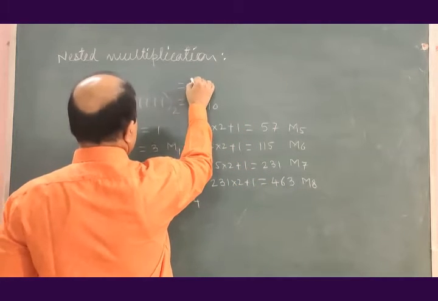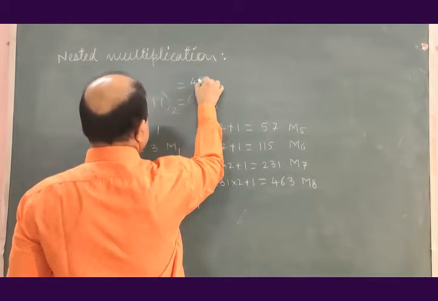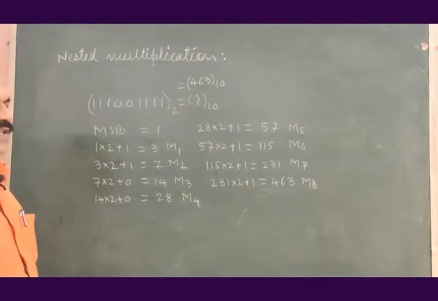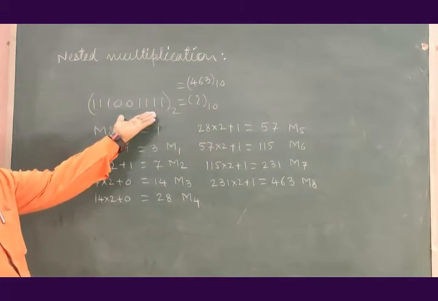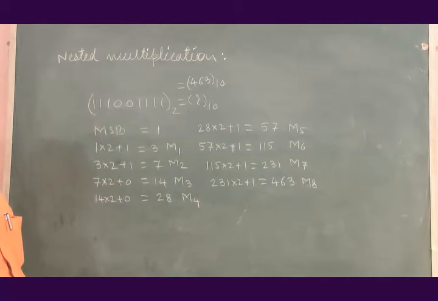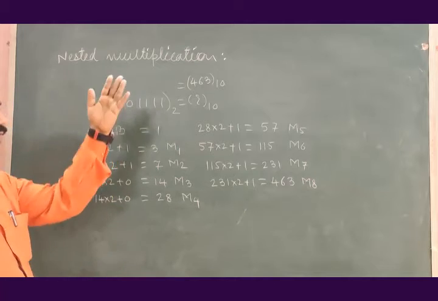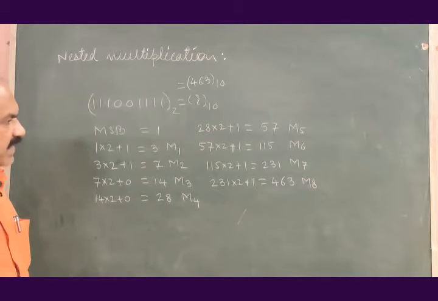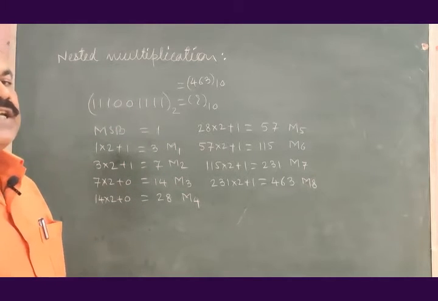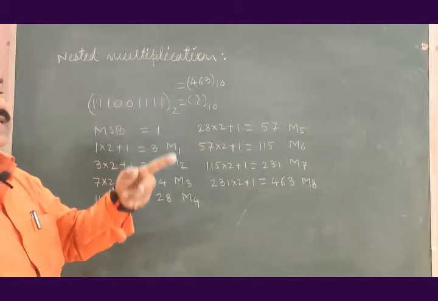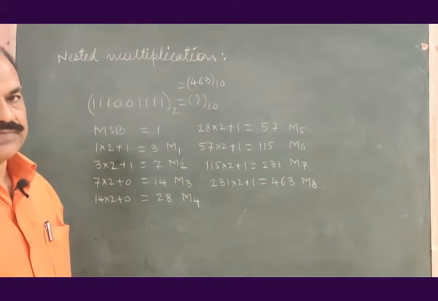So this should be 463 in decimal. Even you can confirm this by keeping values of weights of these bits and add them together. So this way we can convert integral binary to integral decimal using nested multiplication method.